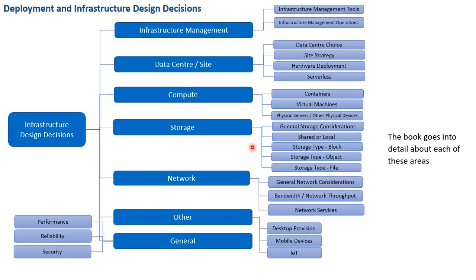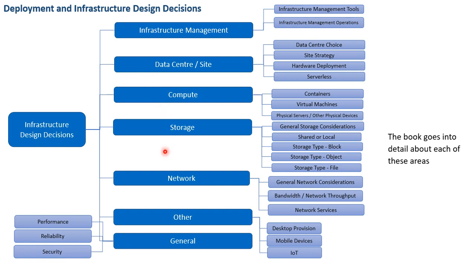So, key deployment infrastructure design decisions. I won't go through these in lots of detail, but it's around how you manage the infrastructure that you're building, and where you're going to host it. Is it going to be public cloud, private cloud, a mix, on-prem, might even be specialized hosting.